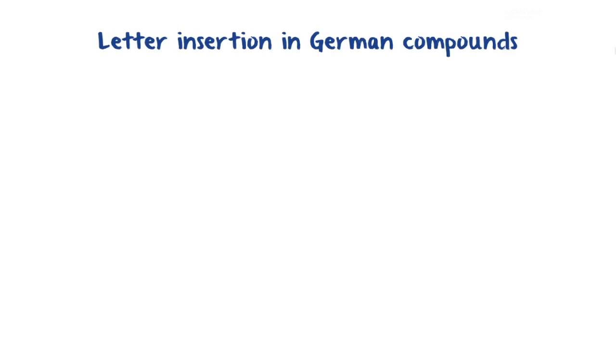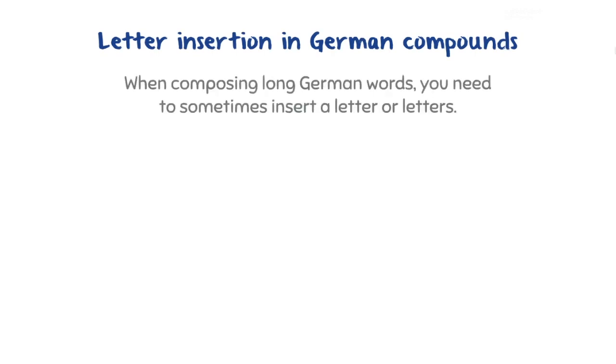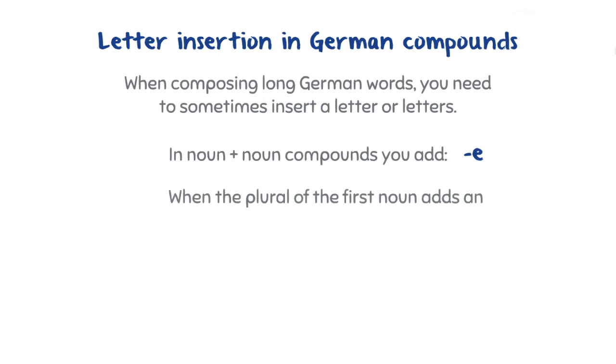Here are a few more useful rules. Letter insertion in German compounds. When composing long German words, you need to sometimes insert a letter or letters. For example, in noun plus noun compounds, you add an E when the plural of the first noun adds an E. For example, der Filmemacher, which can be translated as the filmmaker.